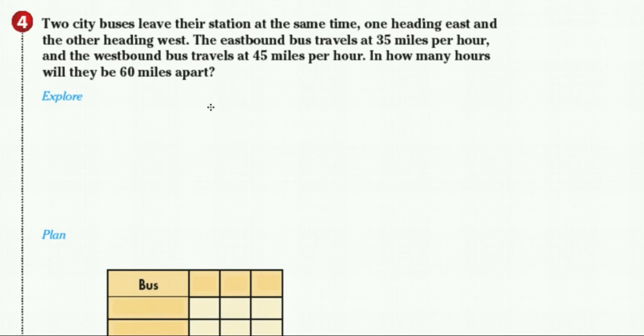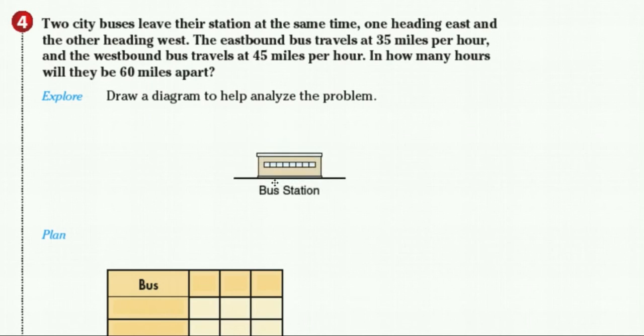Now, in problems such as these, you need to be able to visualize what's happening. So a good starting point would be to draw a diagram to help analyze the problem. So we start off with probably the bus station right here. You have your bus station and you have 2 buses, one going east and one going west.